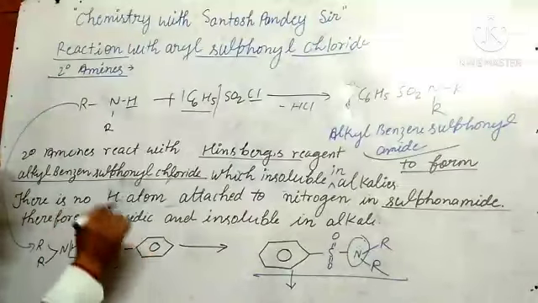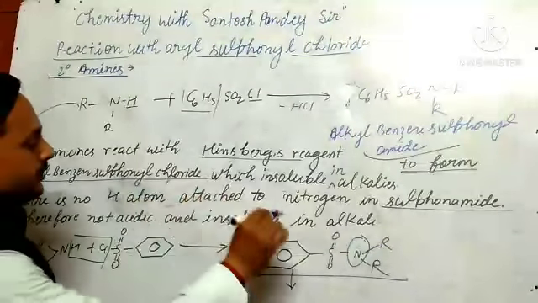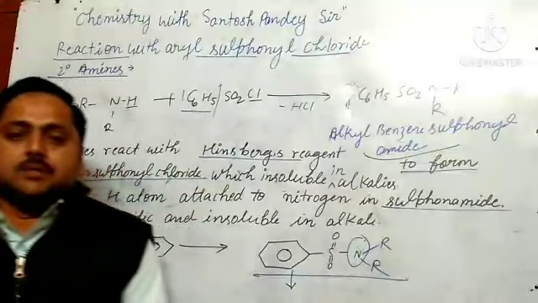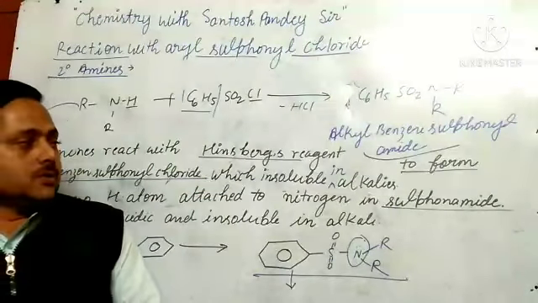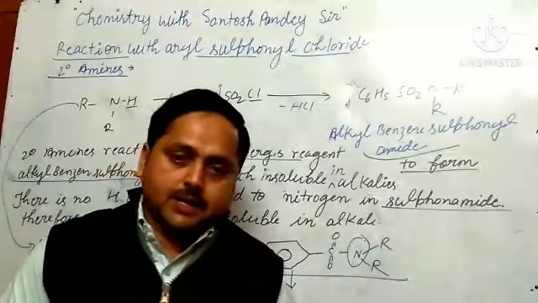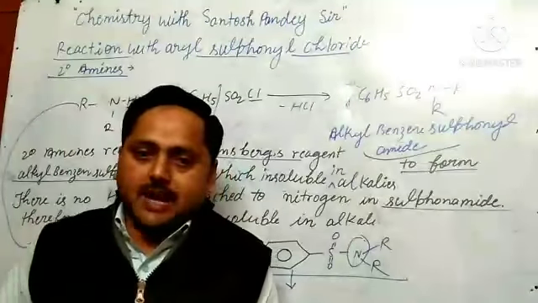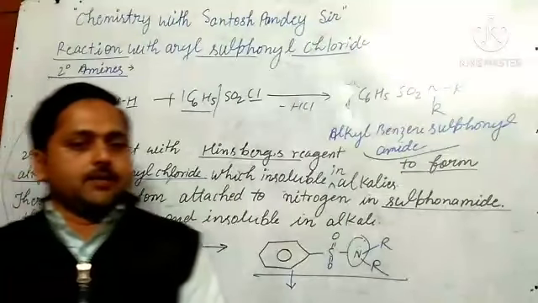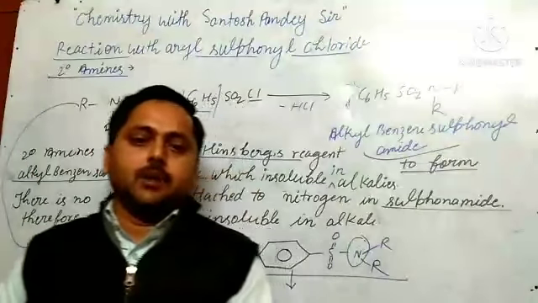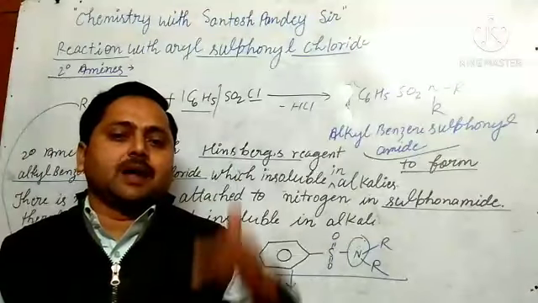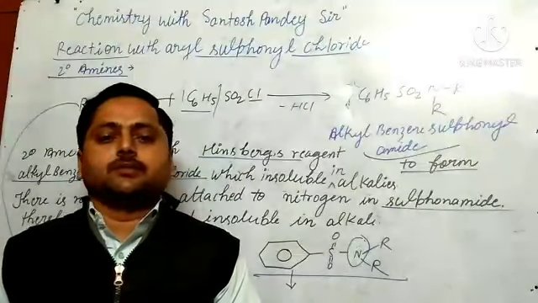Therefore it is not acidic and insoluble in alkalis. When it is acidic, then it will be soluble in alkalis. So what we have seen, secondary amine and primary amine. What is the difference between secondary amine and primary amine? We saw that when the secondary amine reacted with benzene sulfonyl chloride, it formed alkyl benzene sulfonyl amide, and primary also forms alkyl benzene sulfonyl amide.